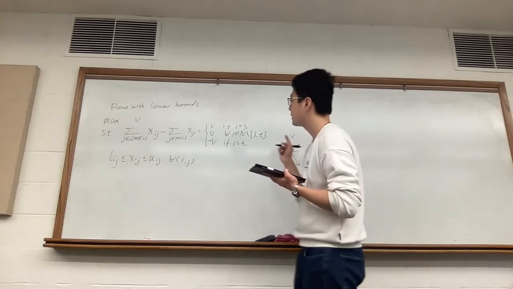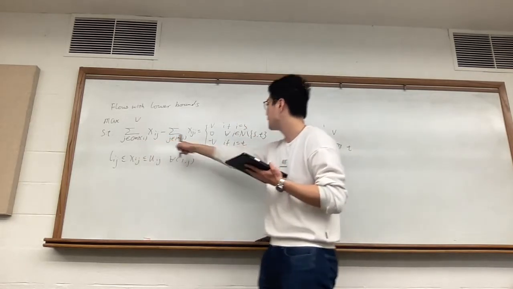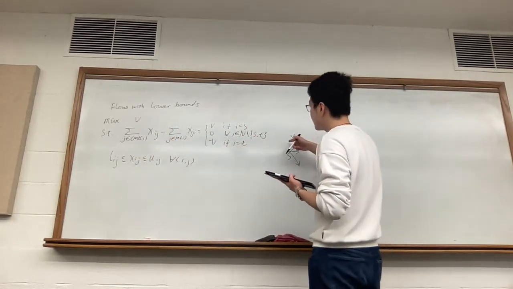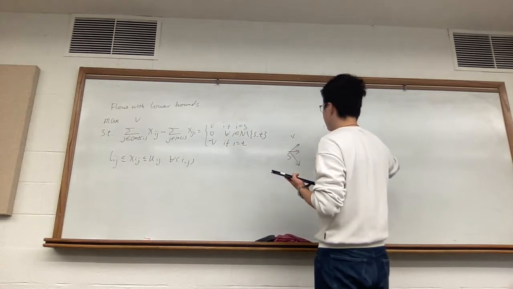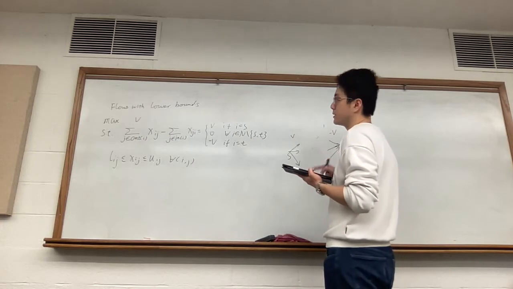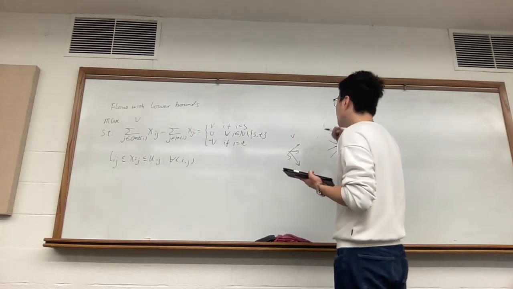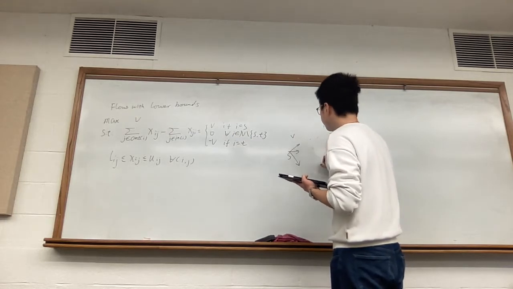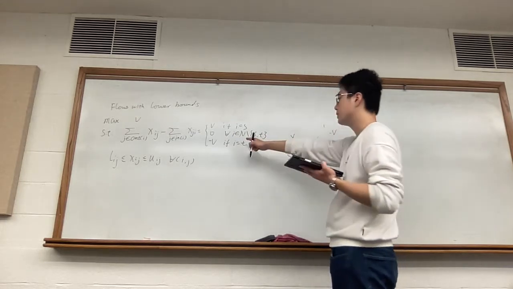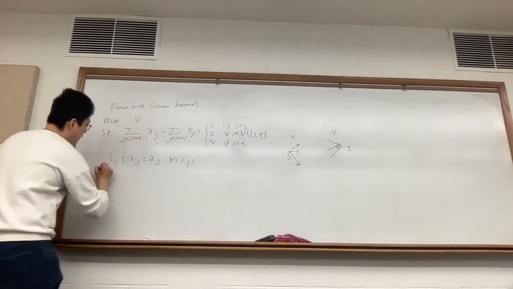But remember that we use the outflow of I minus the inflow of I. So for S it is V, and for T it is minus V because we use the outflow minus the inflow, and for T the outflow is 0. And for all the other intermediate nodes, the outflow equals the inflow. However, look at this.